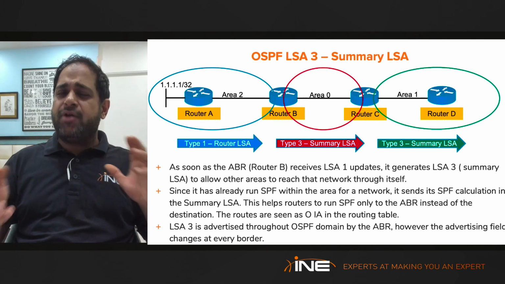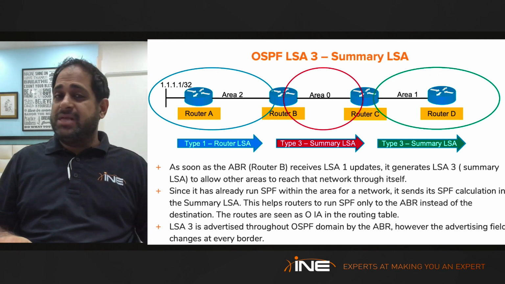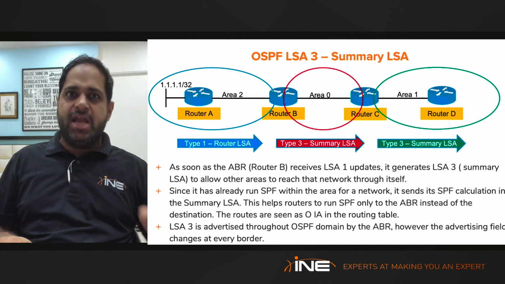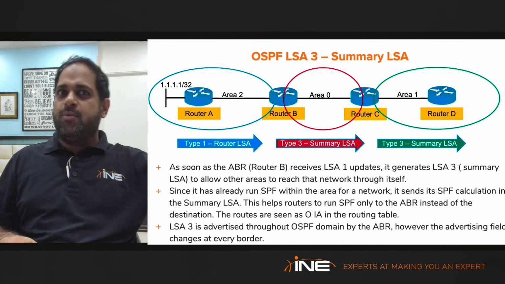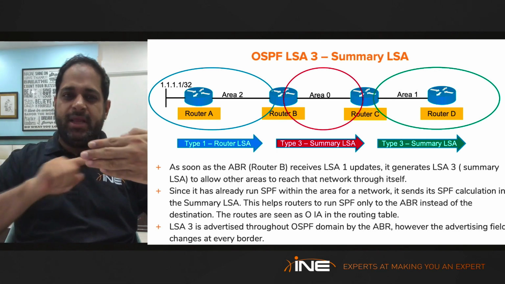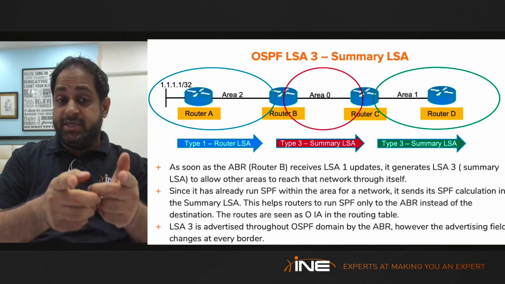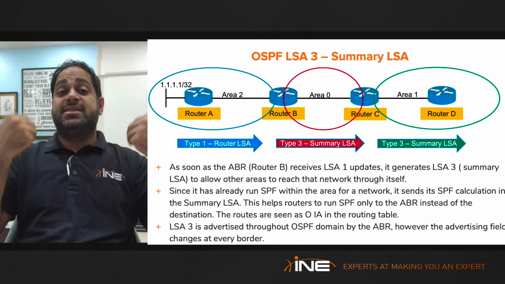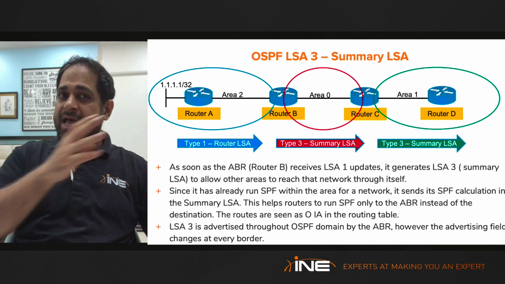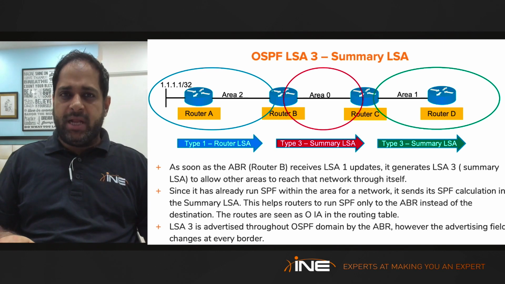So multi-area really helps a lot in reducing SPF because I don't need to run SPF to the destination. Instead, I run SPF to just the ABR. If you look at this diagram, an LSA1 update comes in within area 2, then the ABR of area 2, which is router B, blocks that and generates LSA3 with himself being the advertising router, and everybody in area 0 would see router B as the advertising router.